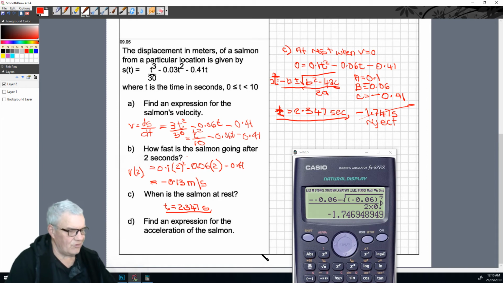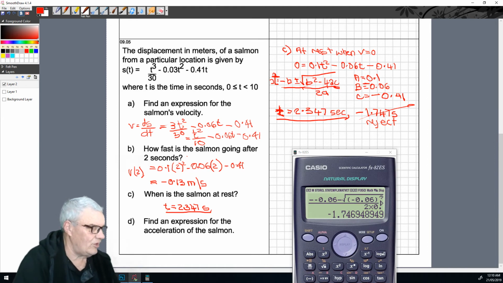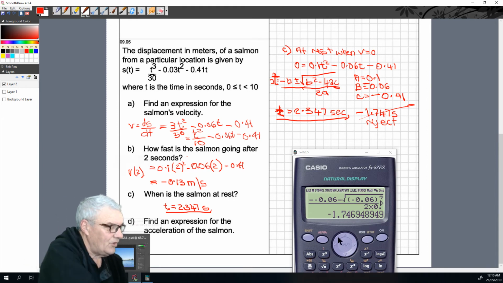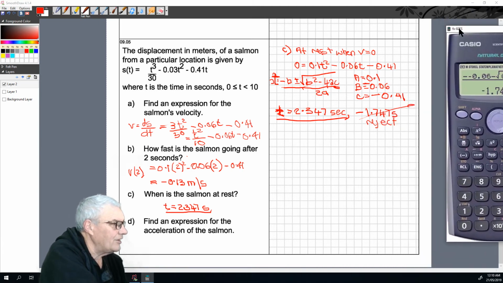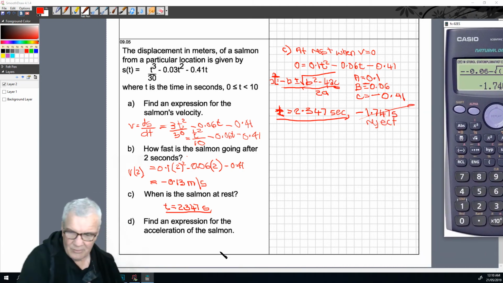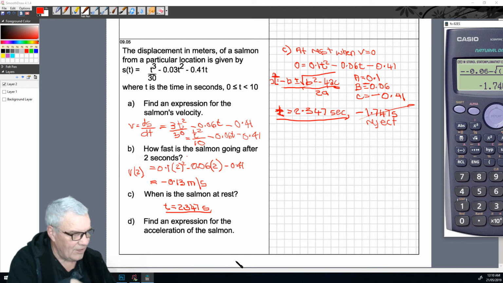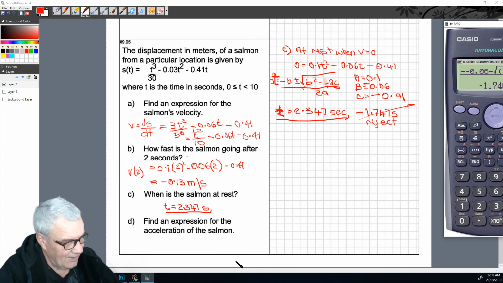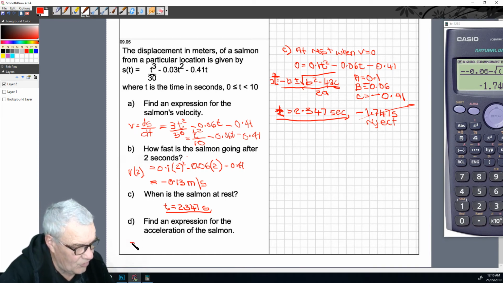That's when that is. Now, find an expression for the acceleration of this salmon. We'll put the calculator up there just in case. But expression for the acceleration: acceleration equals dv by dt.